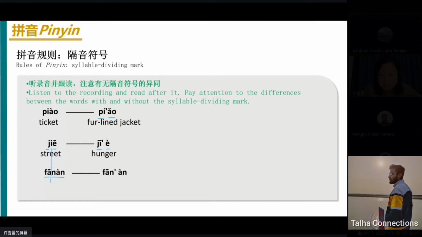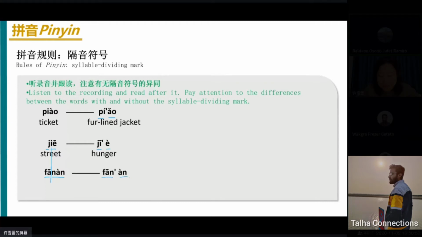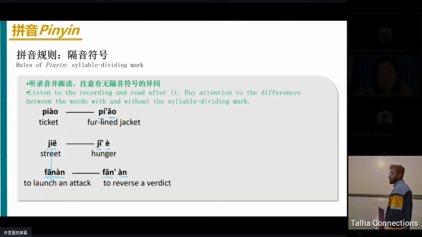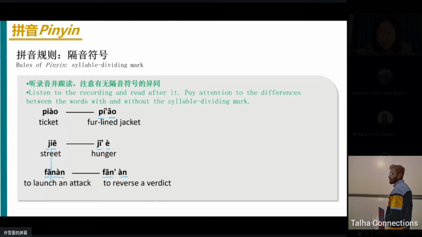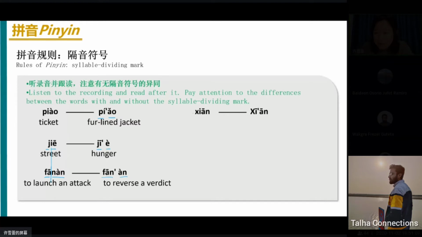But with the dividing mark, you will see that the syllables change. 翻案. So they're also different things.